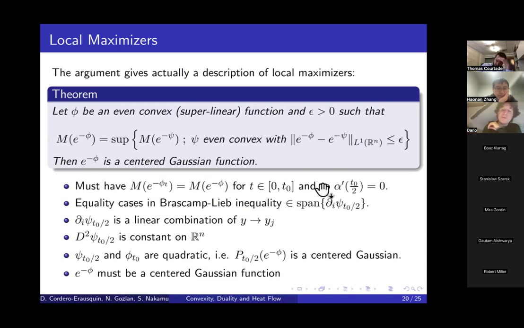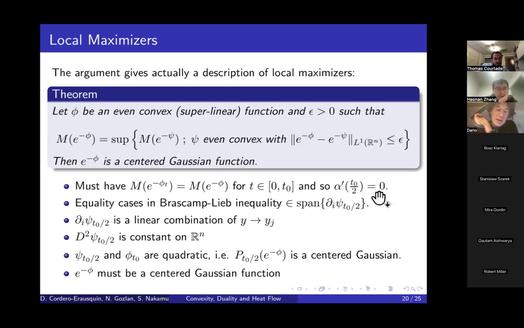And in particular, the derivative has to vanish. I don't take the derivative at 0 because here I don't want to assume regularity. But of course, at t over 2, the function phi t is already regular. And so the derivative of my function alpha has to be 0.